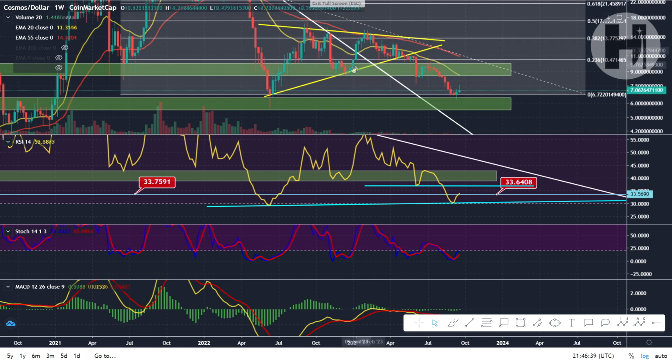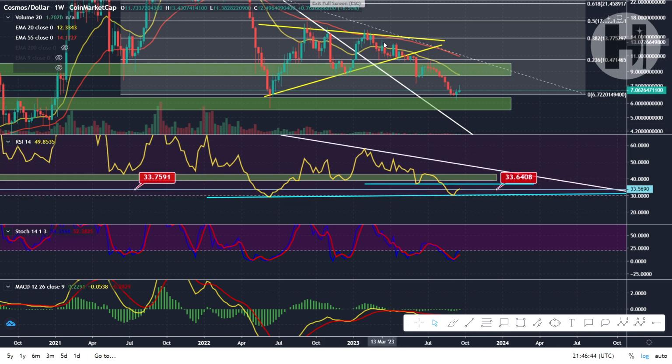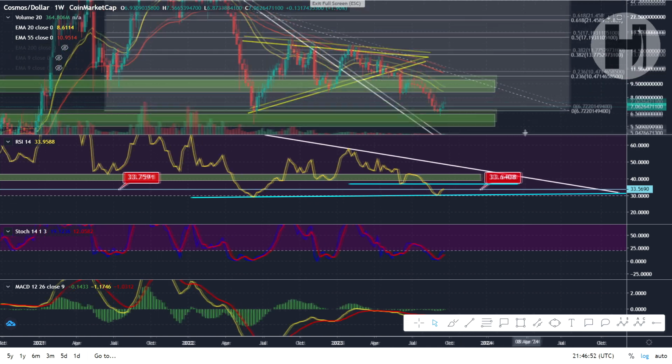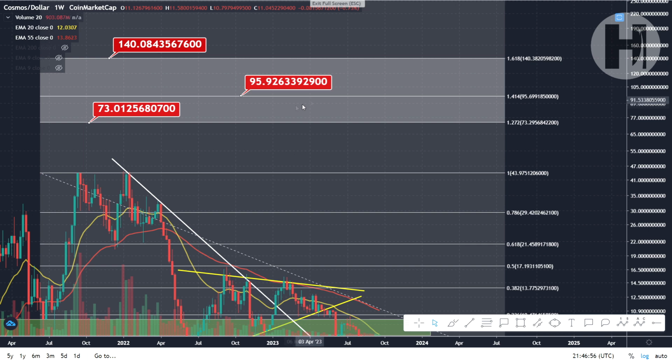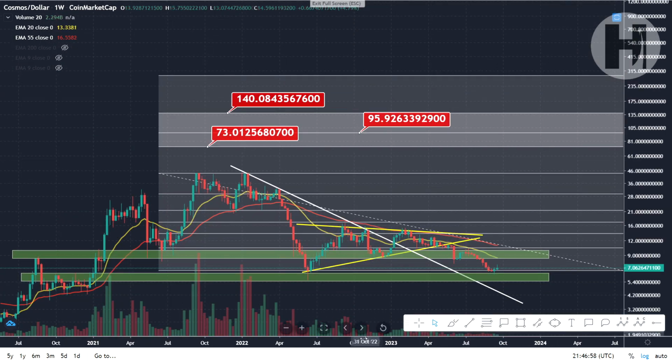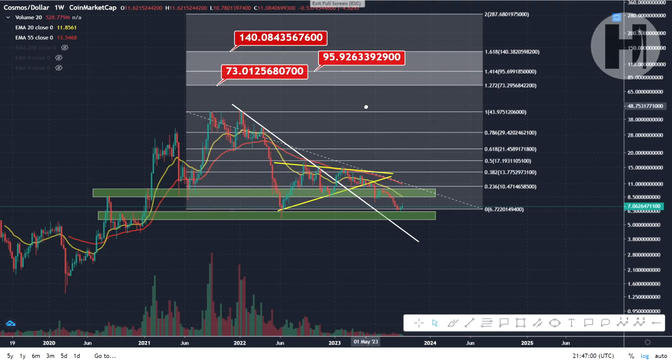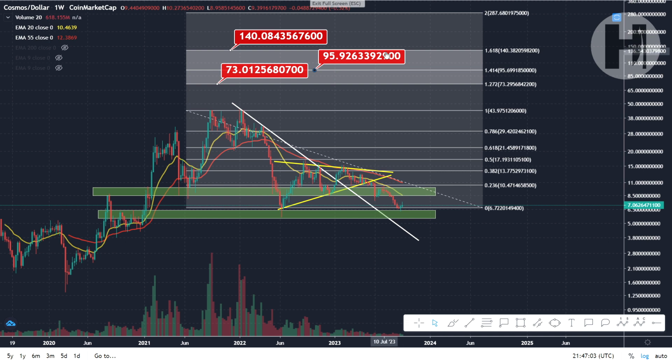You don't want to be risking a lot when you are close to the bear market bottom. So you played it safe. I played it safe. We just rode the wave down here. We are staking, so we're still making passive income. No worries there. And hopefully we'll get to the bull market and we'll be able to take profits at least at around about $100. We'll see how things go, and we'll take a look at Bitcoin at that time, and we'll see what the markets are going to be doing.